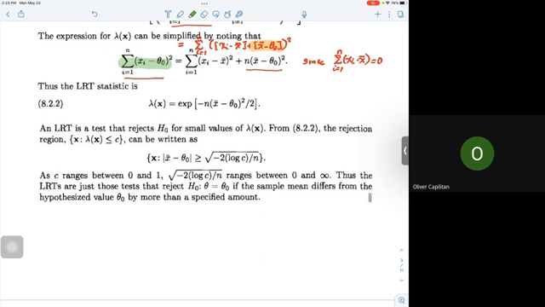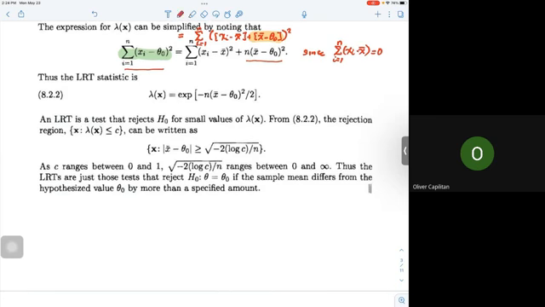It can be written as the set of all sample points x such that the absolute difference of the sample mean x bar minus theta sub 0 is greater than or equal to the square root of negative 2 log of c over n. In other words, we have expressed our rejection region in terms of a simpler statistic, the absolute value of x bar minus theta sub 0. So, how did we get that?